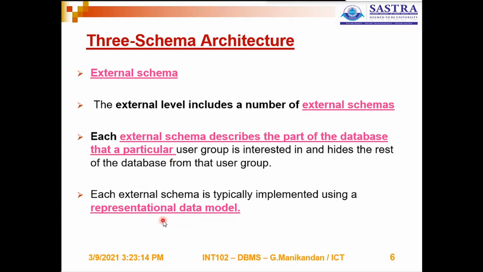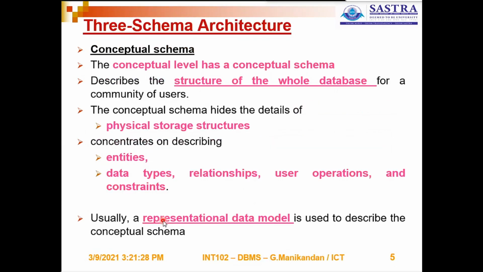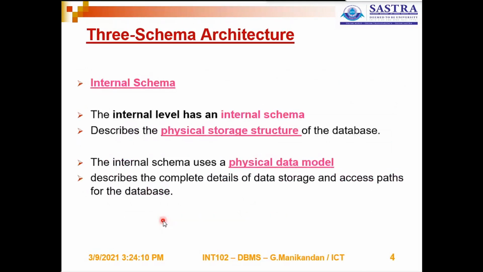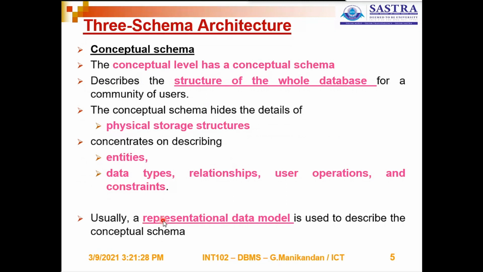Okay. So in the internal schema, what is the data model you are going to use? You are going to use the physical data model. This is used to describe the physical storage structure. The second one is the conceptual schema, for which you are going to use the representational data model. This representational data model is used to describe the structure of the database. What are the concepts you are going to use? Entities, attributes, relationships, all those things.